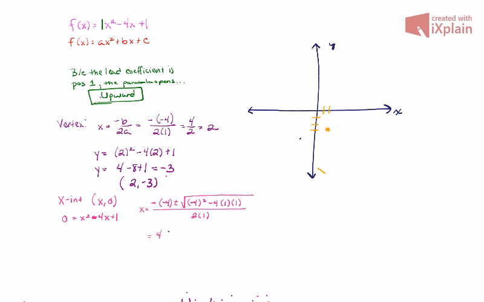This becomes 4 plus or minus the square root of 16 minus 4 all over 2. This becomes 4 plus or minus the square root of 12 over 2. And we can continue to clean this up. This would end up becoming 4 plus or minus 2 root 3 over 2.